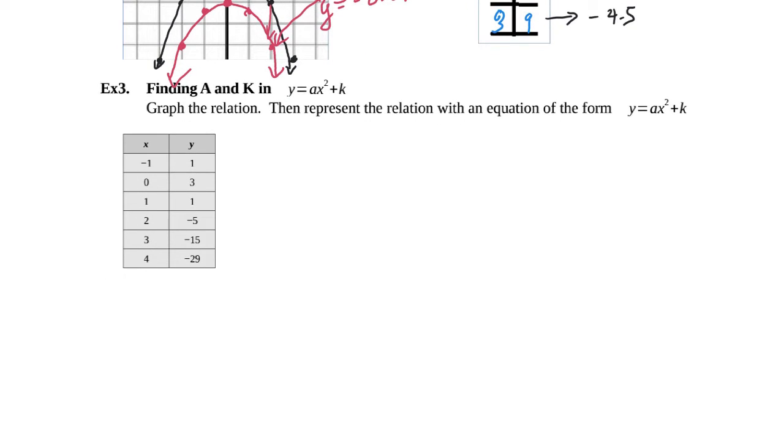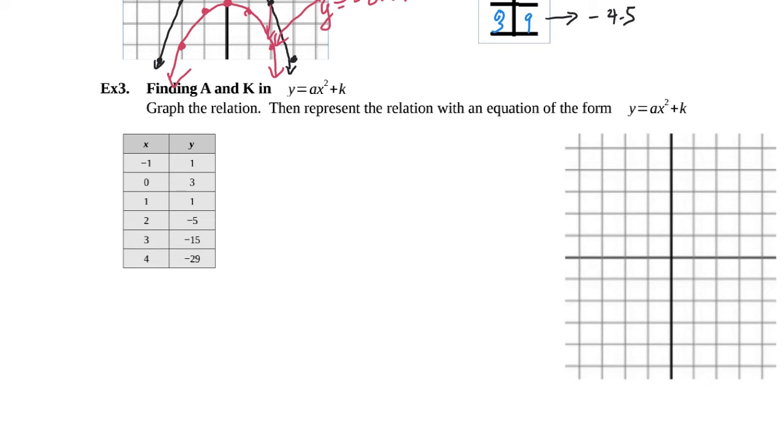Just 2 more sections. All right, so here's a possible graph that we need to do. For this graph, all we have to do is graph the relation and then find our equation for our graph by using this y is equal to ax squared plus k form.